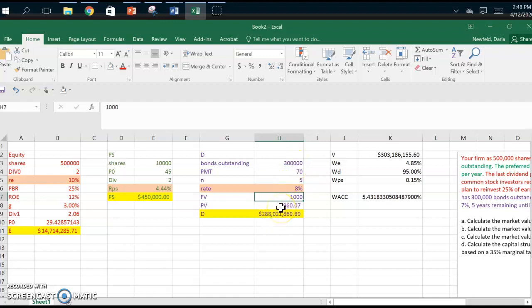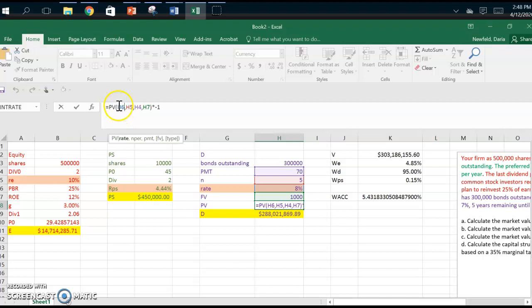Okay, so the present value, I can go through here, right? Present value is equal to rates. The discount rate is 8%, comma, number of compounding periods 5, comma, payment $70 per bond per year, comma, face or future value is 1,000. And I wanted that to come out as a positive number, so I multiplied it by -1.